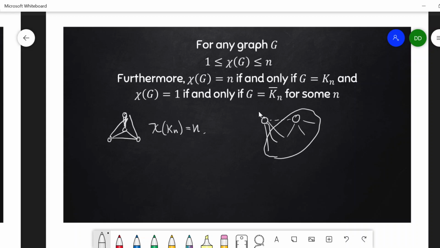So I could color this one 1 and color this one 2, and then color the rest all distinctly. So every vertex receives its own color. No, I don't want to color this one 1 and then 2, since that would be an n-coloring, right? Everything would be a different color.